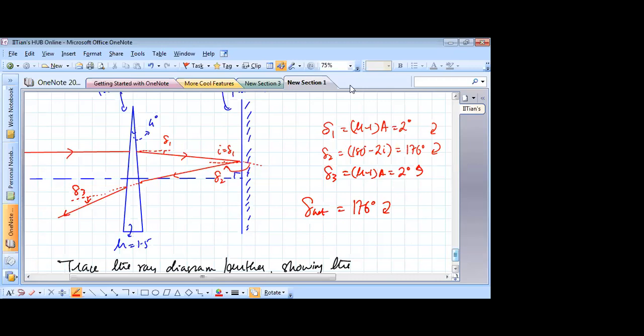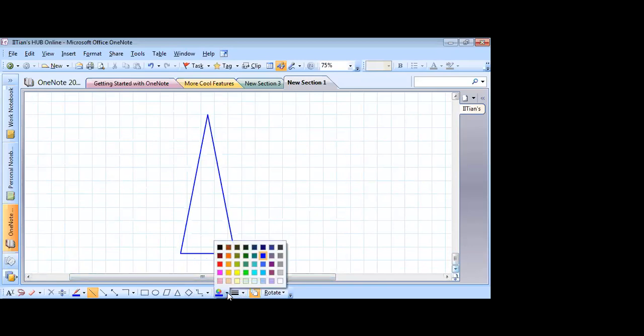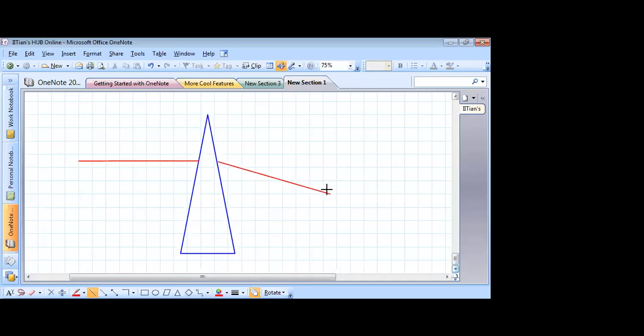Yeah, so Ganesh, for that you have to understand the behavior of the prism. Let's say in one case, light is like this.